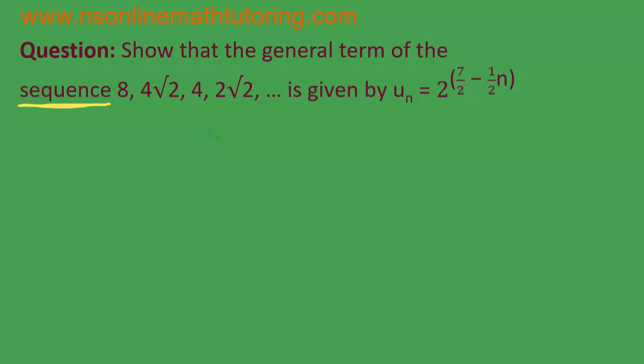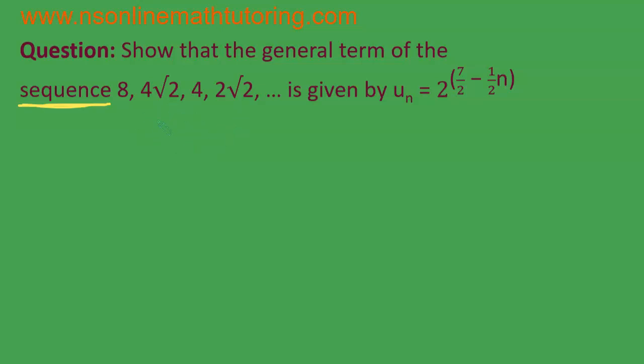In your examination, if you are given a sequence, first of all, you have to identify what type of sequence that is. Whether it is an arithmetic sequence or a geometric sequence, or whether it is of some other type and follows some other rule. So first of all, you have to identify the rule which is governing that sequence.